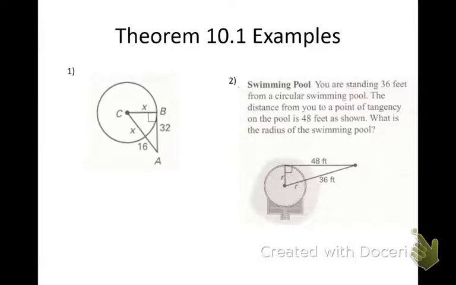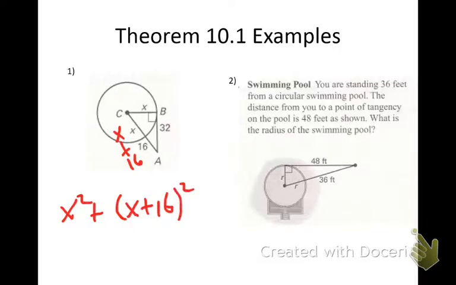It's x plus 16, not 16x. So we would take x squared plus 32 squared equals x plus 16 squared. No, that's the hypotenuse, so I need to erase that.